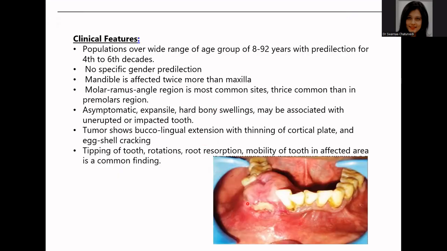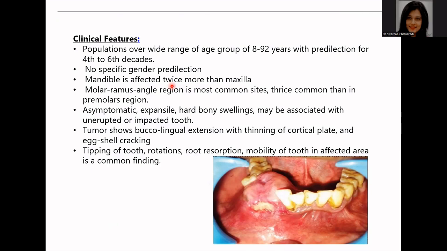Now look at the clinical picture of this lesion. Before that, the epidemiology: it occurs in the age group from 8 to 92 years, with age predilection in the 4th to 6th decade, and no specific gender predilection. The mandible is affected twice as often as the maxilla, and the most common site is the molar, ramus, angle region, thrice as common as the premolar region.